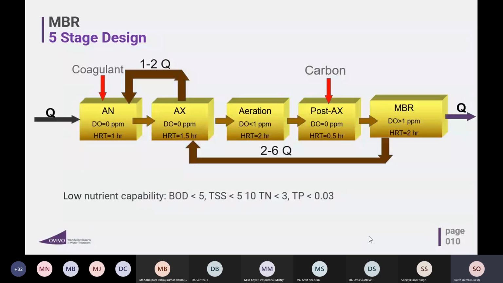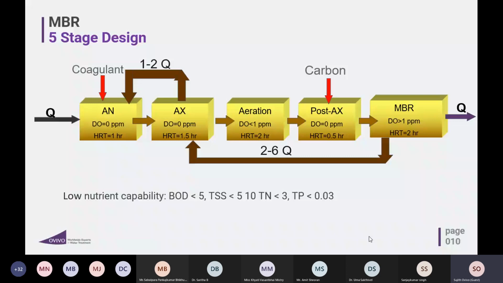And it is also necessary, depending upon the outlet parameter, because if you see here, the outlet parameter required is less than 1 ppm of total phosphorus and total nitrogen of less than 3. So it is essential that you go for a post-anoxic system. Whatever you are doing in the first anoxic, you are going to repeat in the post-anoxic also.